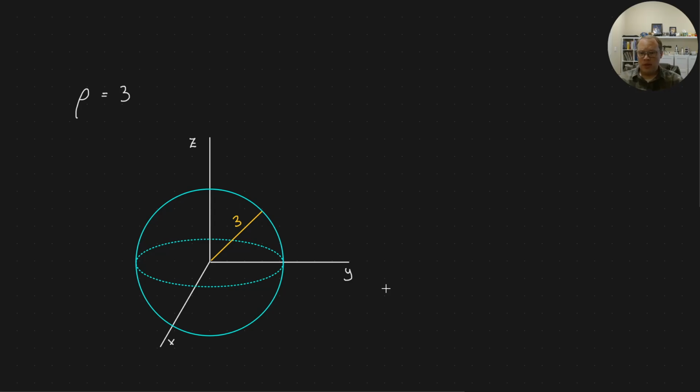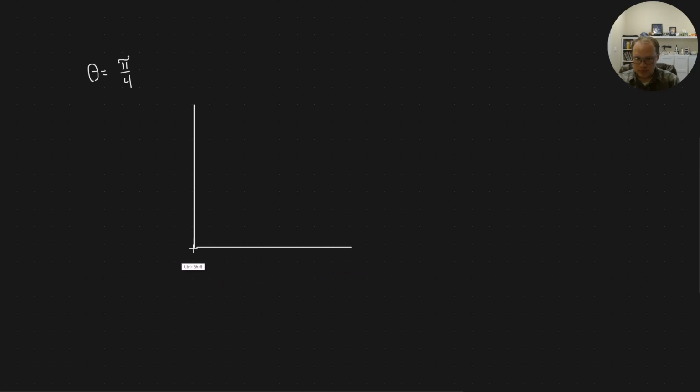Makes sense if we're dealing with spherical coordinates that one of the basic shapes that we get is a sphere. What if we set another variable equal to a constant? Maybe theta equals pi over 4.